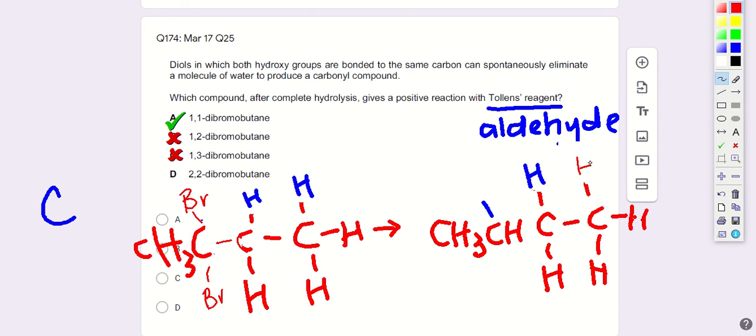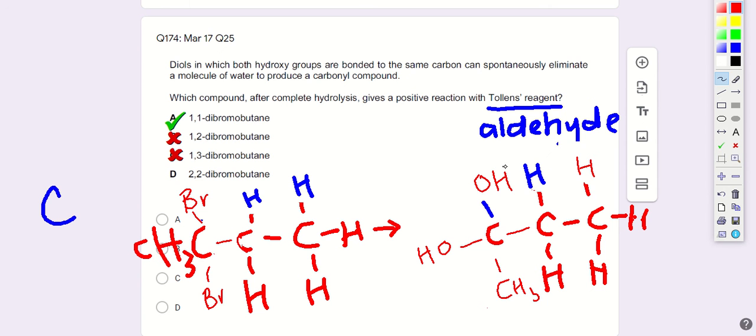So in the final product, the hydroxy groups are bonded to the same carbon. Let me think. Maybe I should just draw it. Okay. Let me change the position of this OH with this CH3 so it's easier for us to see. Yeah, they're still bonded to the same carbon. I just change the position. They're still the same thing.